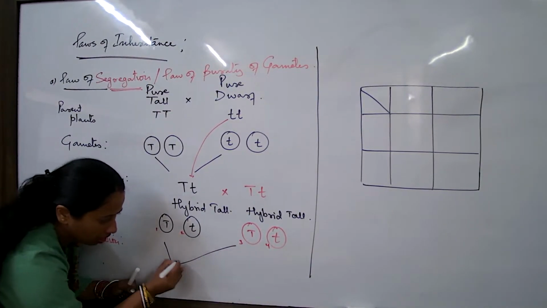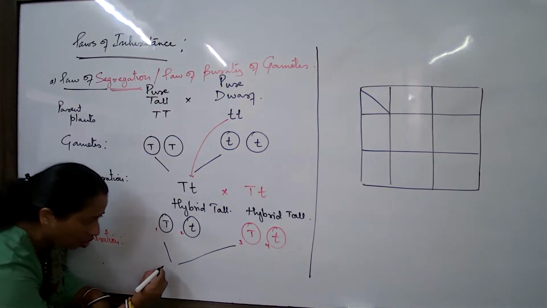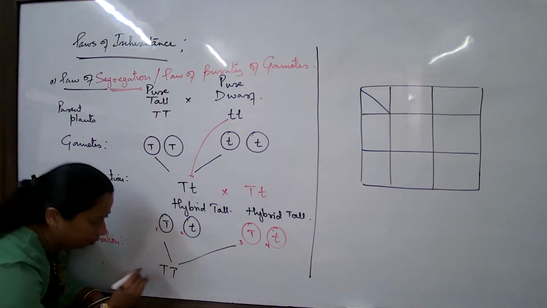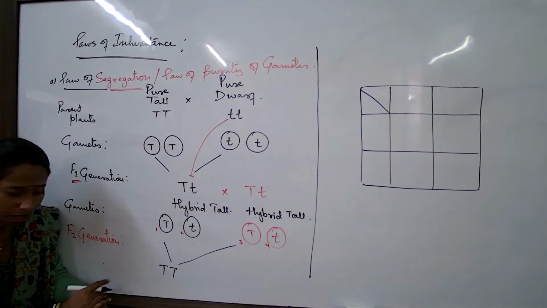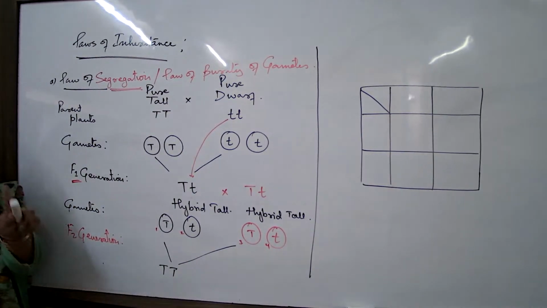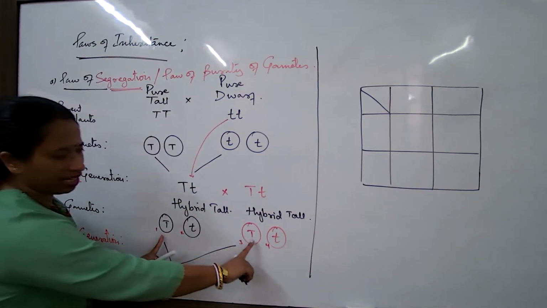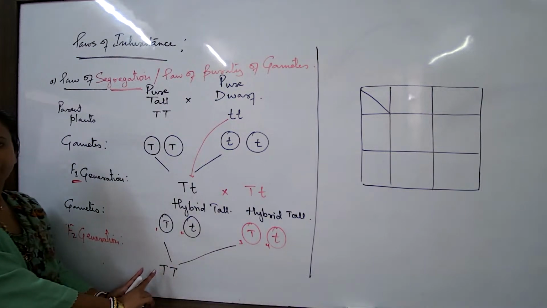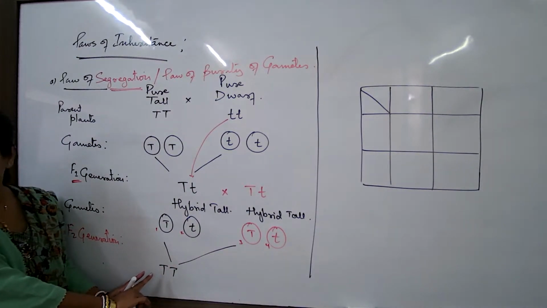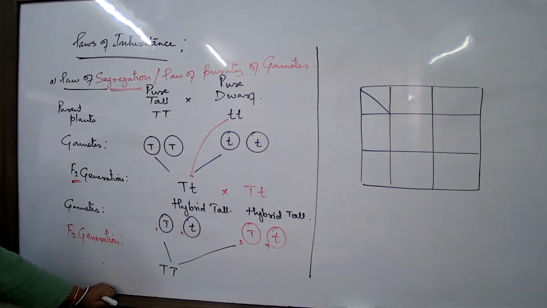If 1 and 3 fertilize, what is the pair of chromosomes that will be formed? Capital T and capital T, correct? When I write these two letters, we are talking about two chromosomes coming together forming a pair. Yes or no? This is one chromosome, this is another chromosome, coming together forming a pair. But we don't draw the chromosomes every time; we will only write down the letters.